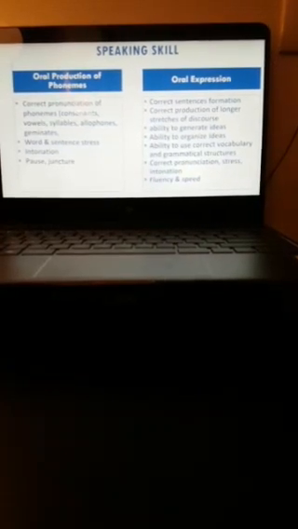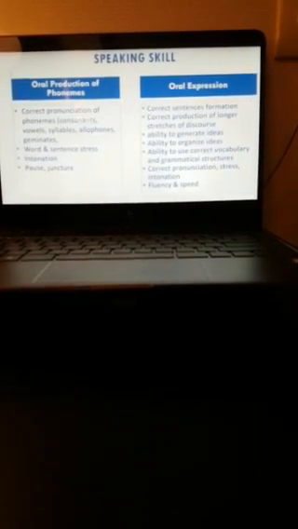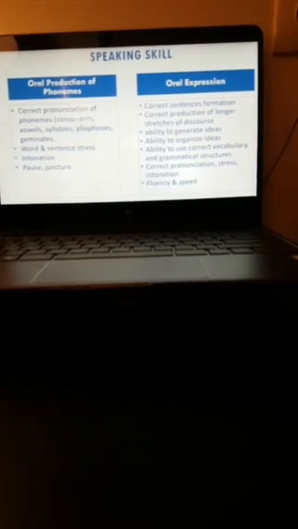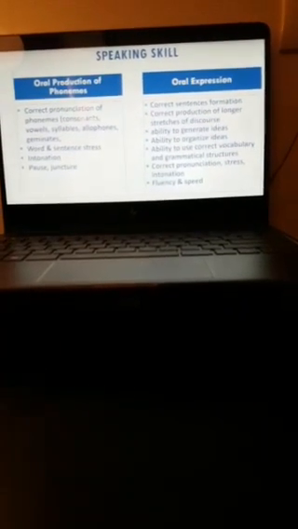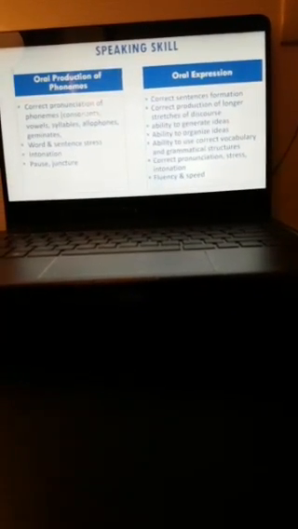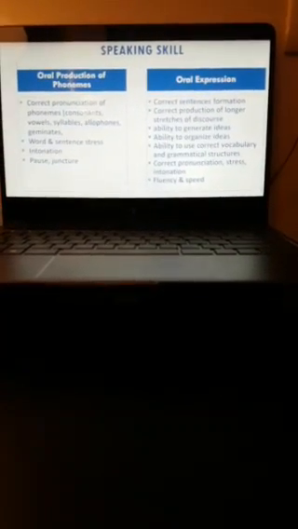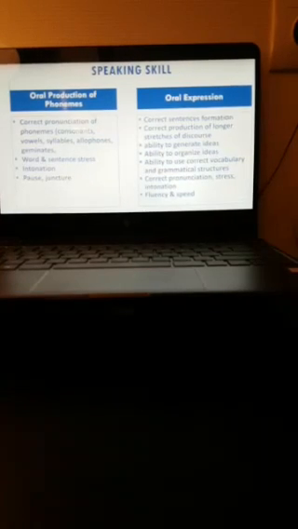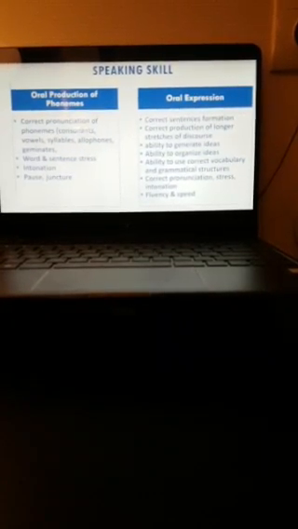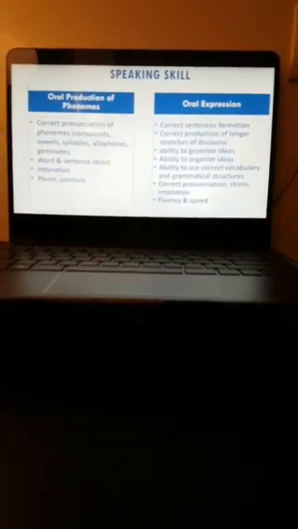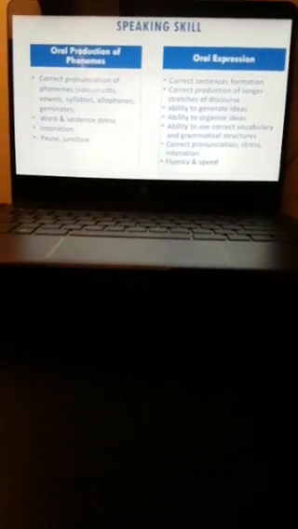Oral expression also includes the ability to use correct vocabulary, to choose the right words for the topic we are talking about, and also the right grammatical structures. We have to use, of course, correct pronunciation and stress, intonation. It also covers fluency and speed, and those go under oral production of speech sounds.